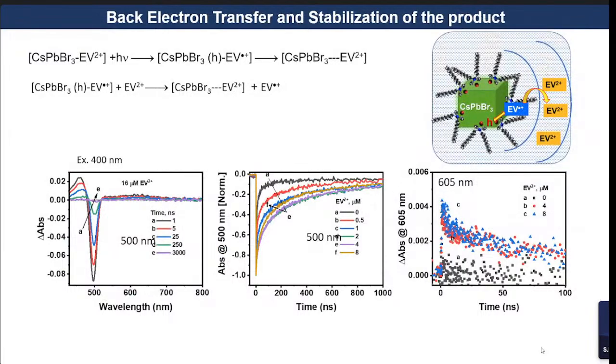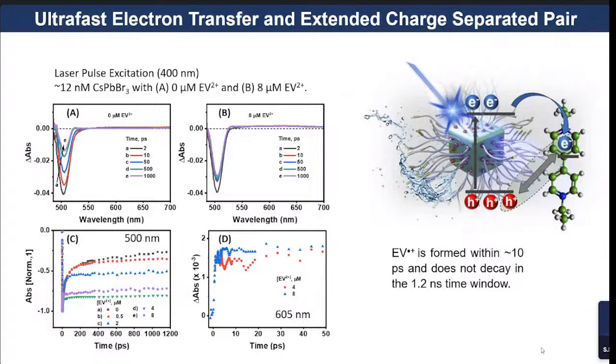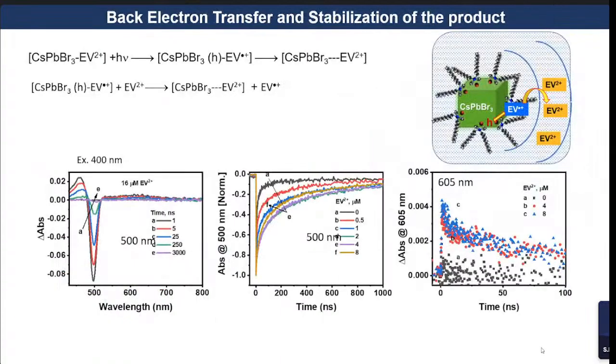Okay, so then what happens is, we can start probing on a longer time scale. From picoseconds, now we went to nanoseconds. Again, you can see here, this bleach that was there, this was only 1 nanosecond. So now when you go to about 30 nanoseconds, this one comes back.